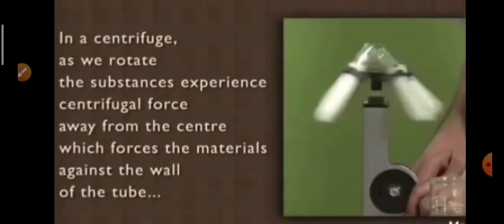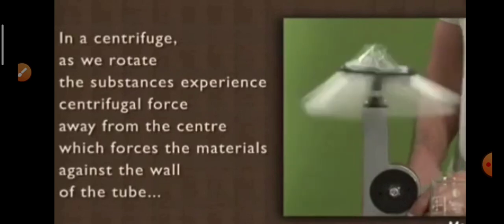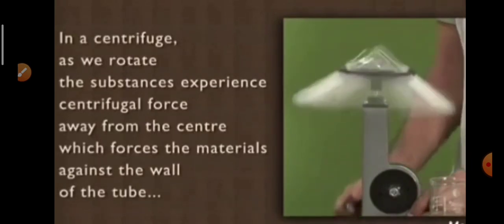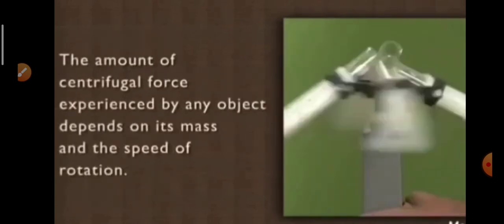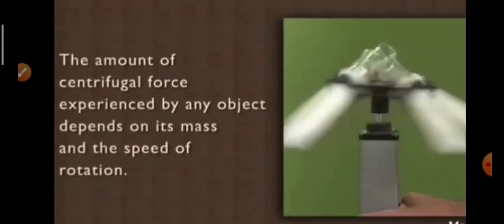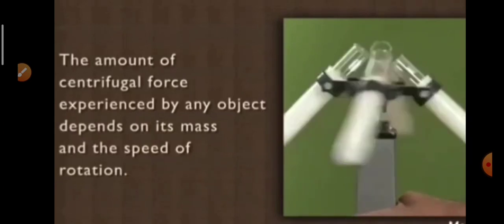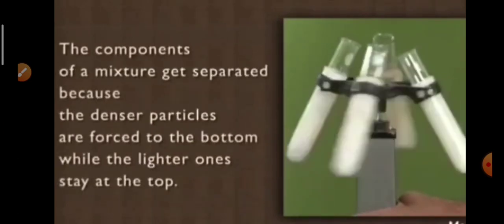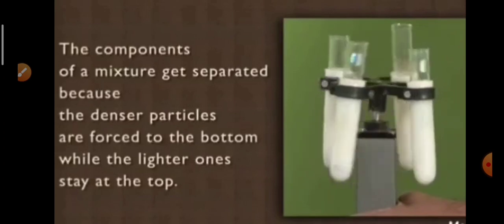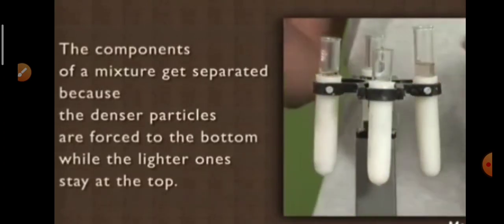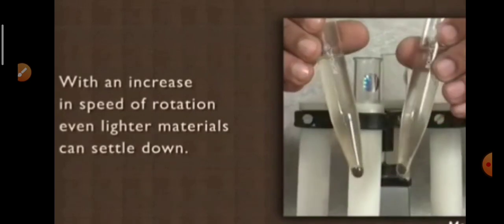In a centrifuge, as we rotate, the substances experience centrifugal force away from the center, which forces the materials against the wall. The amount of centrifugal force experienced by an object depends on its mass and the speed of rotation. Components of the mixture get separated because the denser particles are forced to the bottom while the lighter ones stay at the top.